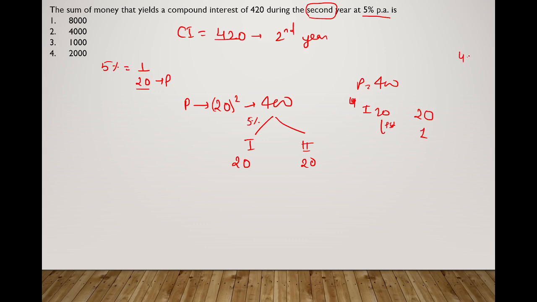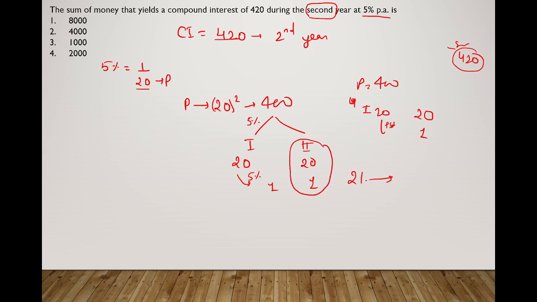To make the problem easy, we consider 400 for the second year and calculate from here. It is 5% of 20, which is 1. So total interest in the second year is 21 units.